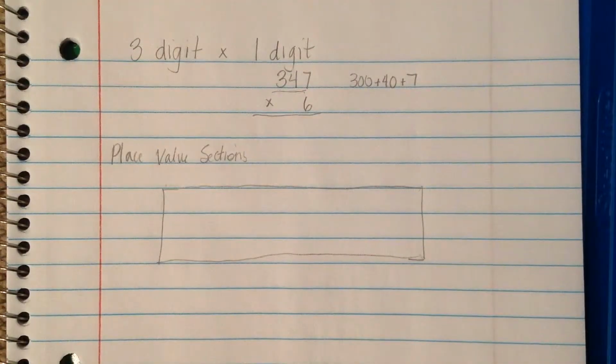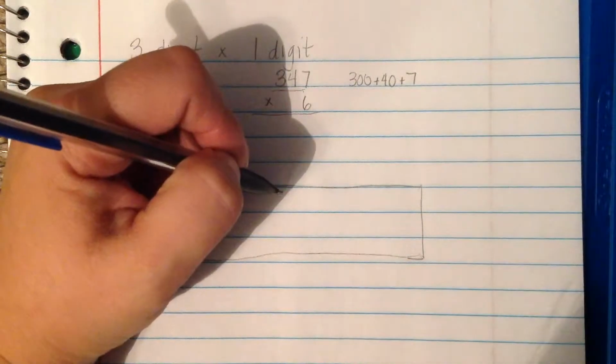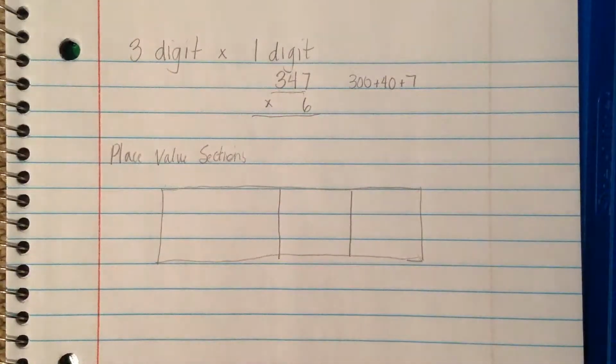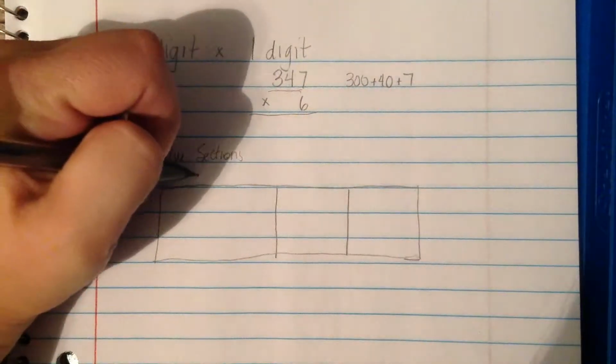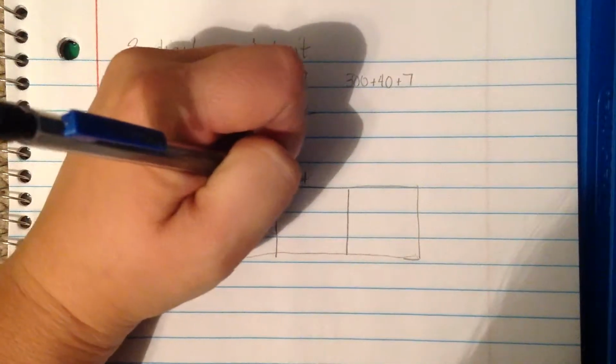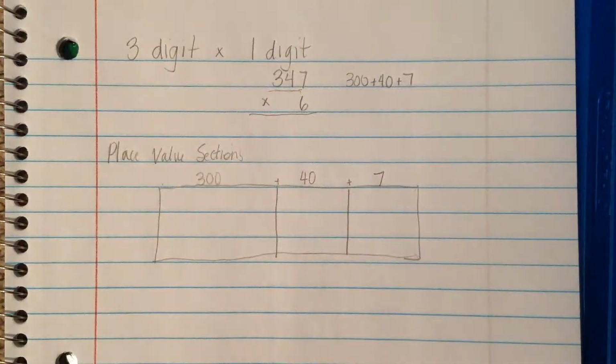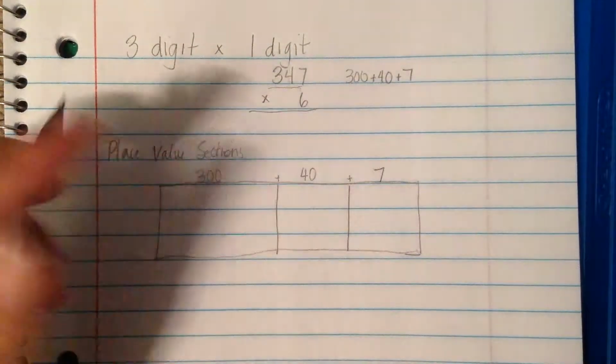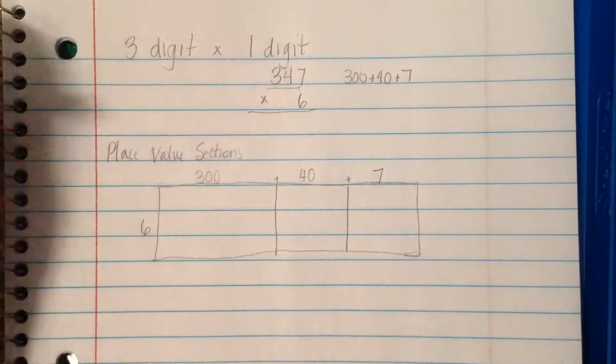And the place value sections method says that I will be writing my equation inside each box. So I need to make them fairly big, enough that I can write in them. My decomposed number goes along the top, 300 plus 40 plus 7. And remember, my 6 is going to go on the vertical side.